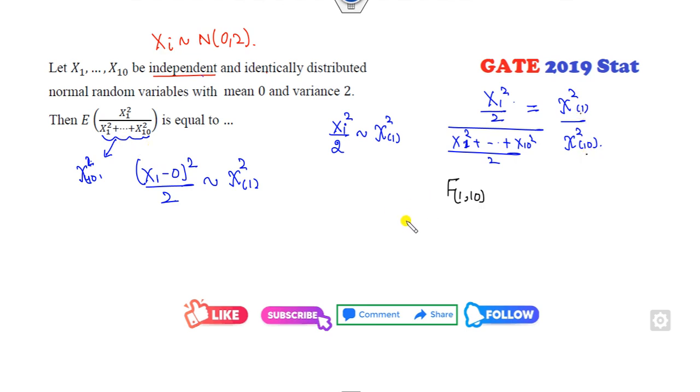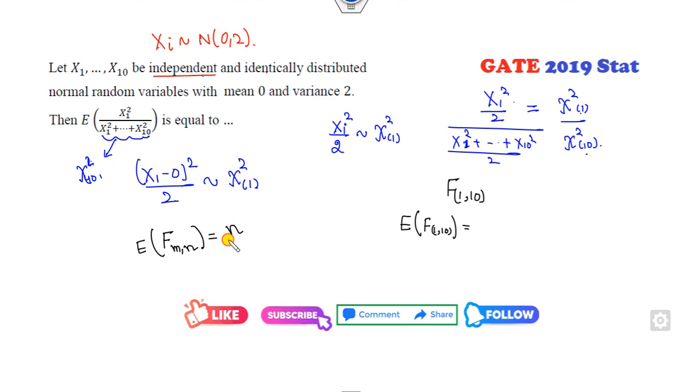Now your target is to find the expected value of the F distribution. Do you remember what the mean is? If F has m comma n, then what is the expected value of this?